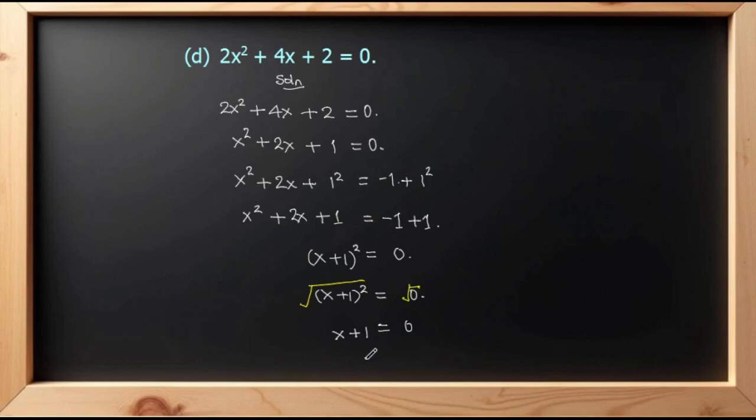So let's simplify this little equation and we simply have x equals negative 1, and this is a repeated root. Of course, any quadratic equation has two solutions. So the solution for the equation here is just x, doubled.